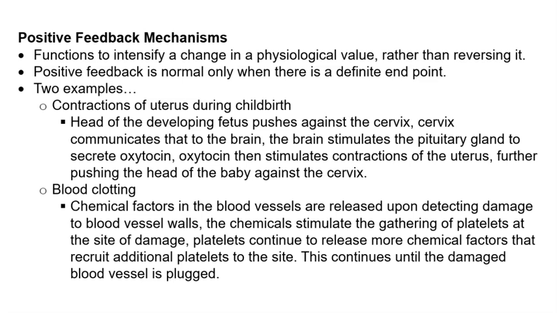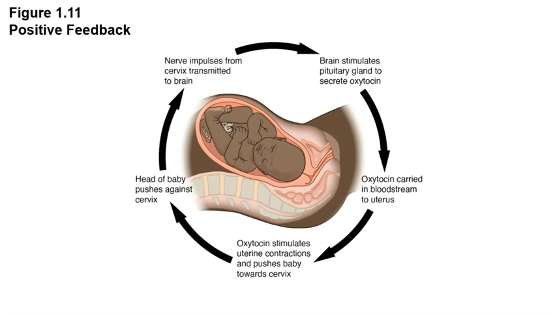So we'll examine in this last diagram here for this particular section positive feedback mechanisms in childbirth. So we see that as the baby gets larger in size toward the end of normal pregnancy, the head of the baby is going to push against the region of the uterus called the cervix. Nerve impulses from the cervix are going to be transmitted to the brain.